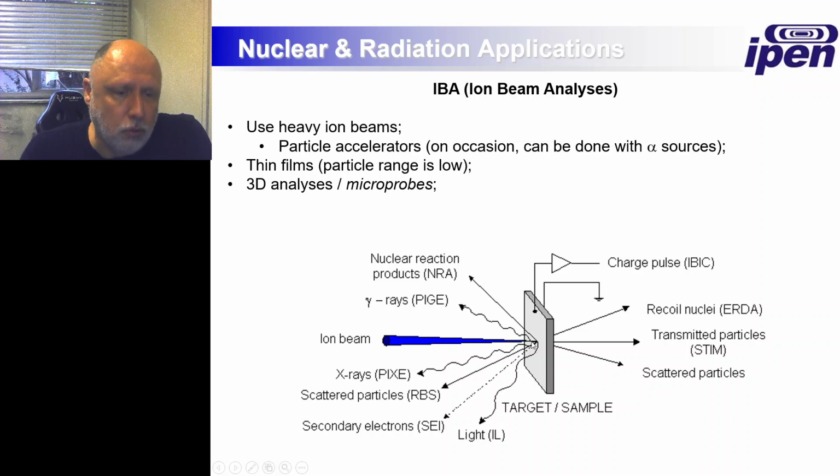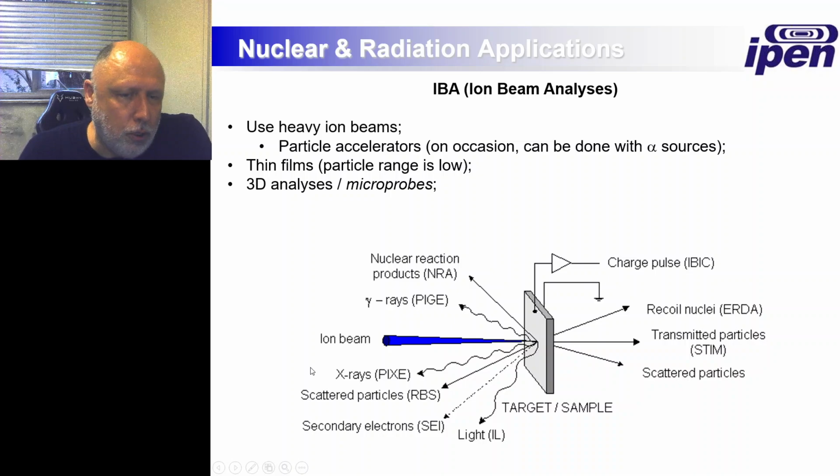In any case, when heavy charged particles go through a sample, they will provoke a lot of disarray between electrons and atoms, and this means X-rays will be emitted. And these X-rays will be characteristic X-rays of the elements in the sample. So you can measure the X-rays and have a PIXE system, particle-induced X-ray emission, right?